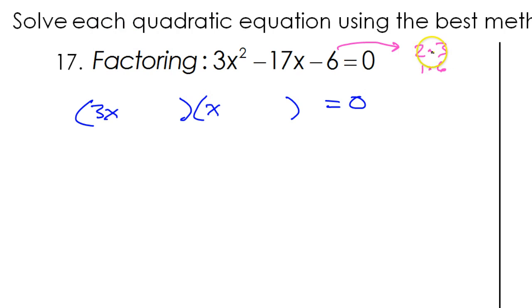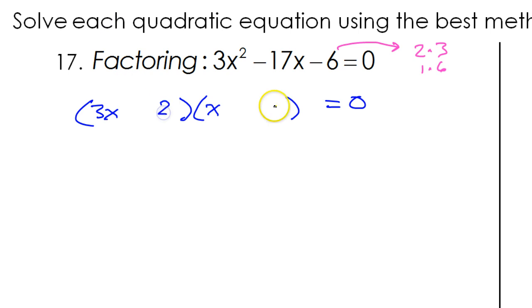As I try the 2 times 3, I will be careful not to put the 3 here. If I put 3 here, say if I did 3 times 2 like that, see the GCF? That would make a common factor of 3. So if there is no common factor in the original problem, there should never be a common factor inside the parentheses. So don't waste your time on that.